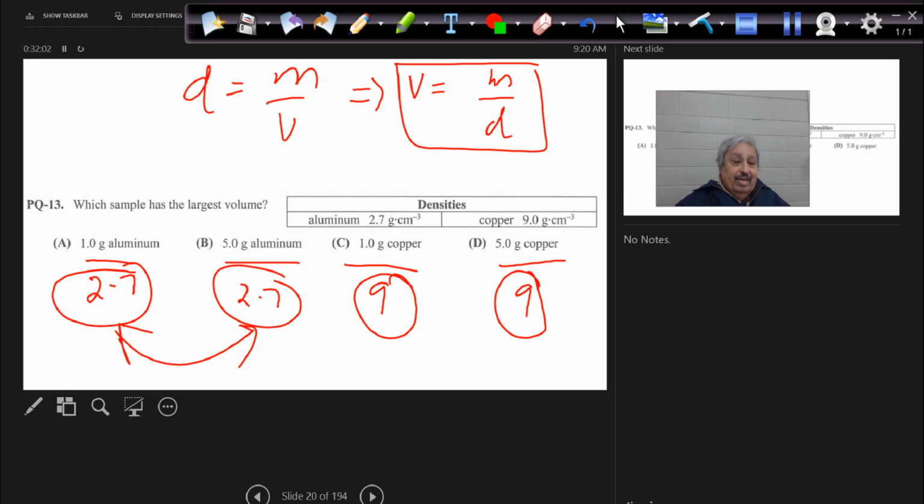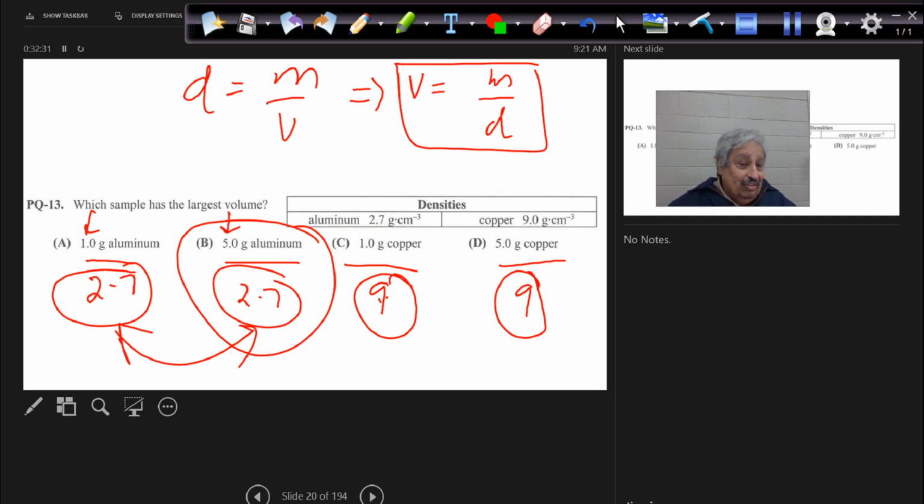Now, whether A or B, however, this is 5 and this is 1. So which will be the winner here? B. The answer is B, correct? Did I do any calculations? No. No need for calculation, just comparing the values. Because at the bottom I have 9, 9, so the 9 is a large value, so those are small values without even calculation.